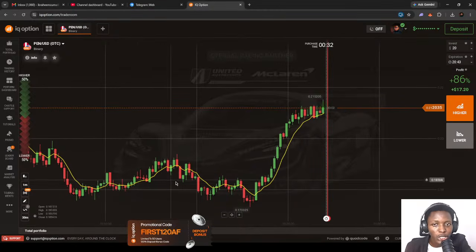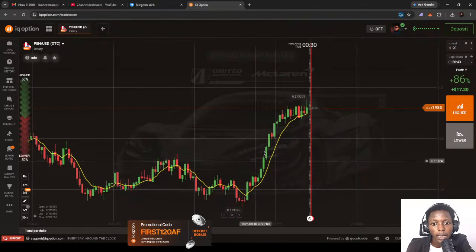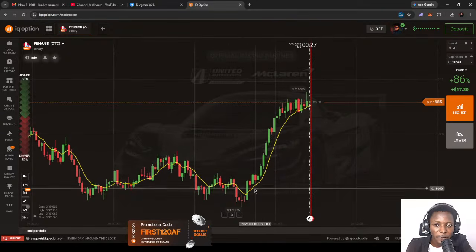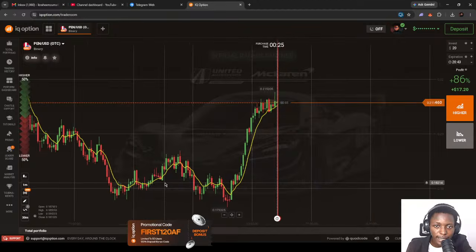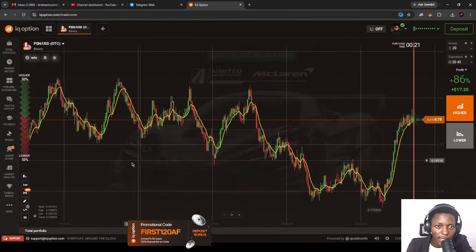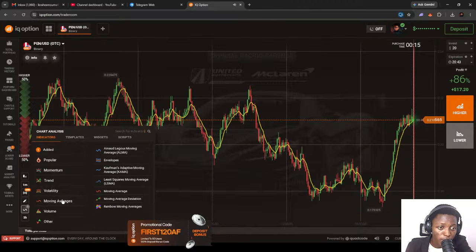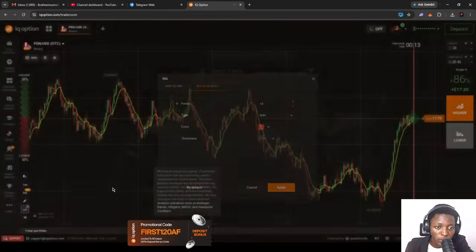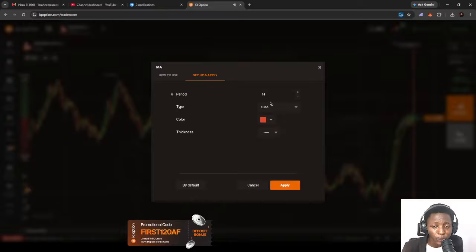Getting back to the chart, now we have the moving average with period 7, and we're just gonna test the examples that we just talked about. So we're gonna add period 50. You come back to the indicator section, click it, and search for the moving average. The period is gonna be 50, and then we're gonna change, just like I said, the default setting on IQ Option.